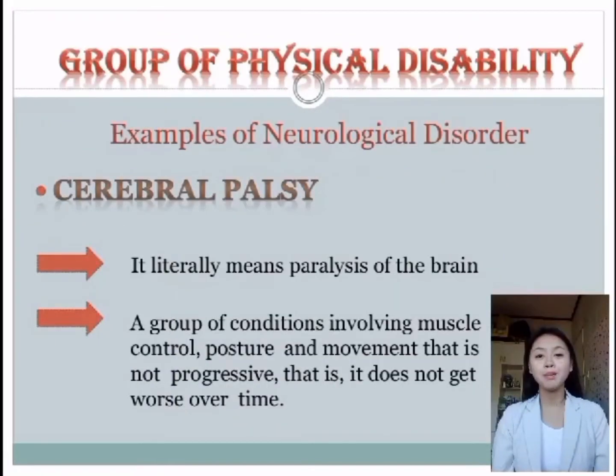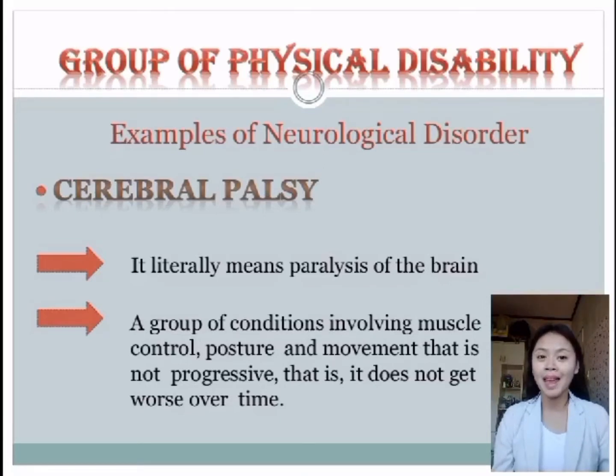There are three examples of neurological disorder. These are cerebral palsy, spina bifida, and spinal cord injury. So cerebral palsy. Cerebral means having to do with the brain, while palsy means weakness or problems with the body movement. It literally means paralysis of the brain.